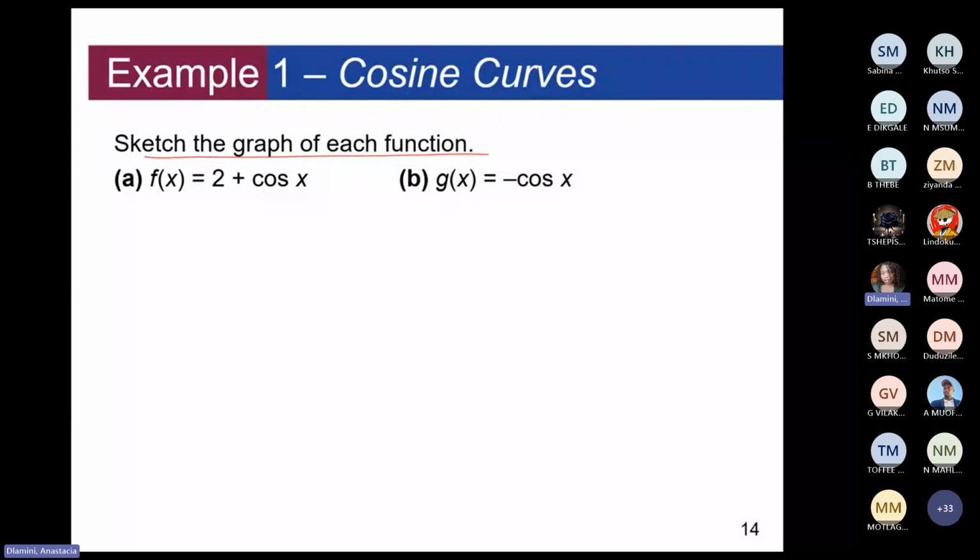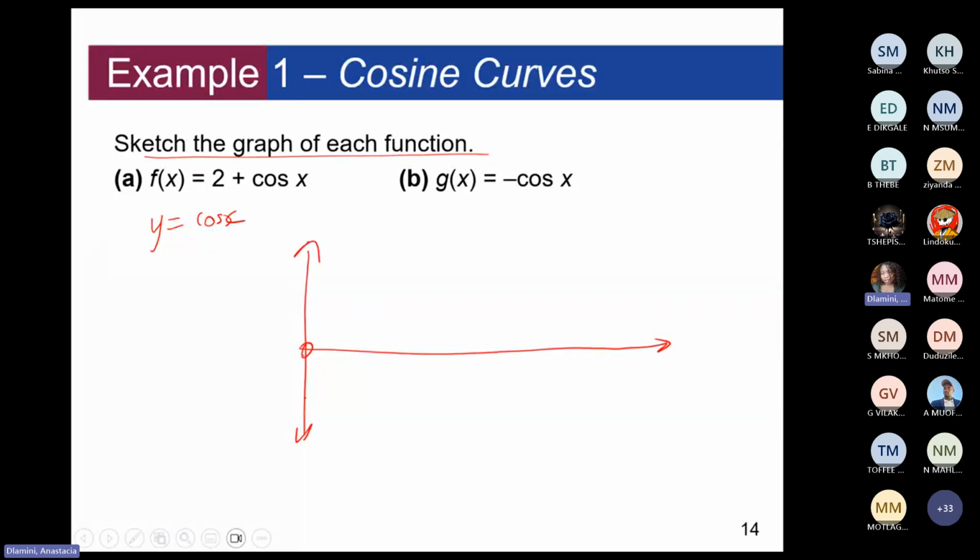So we know our cos function. So let me move this somewhere because it's taking my space now. I know that if I have y equals cos of x, let me draw it here. I know that my period for this is 2 pi.